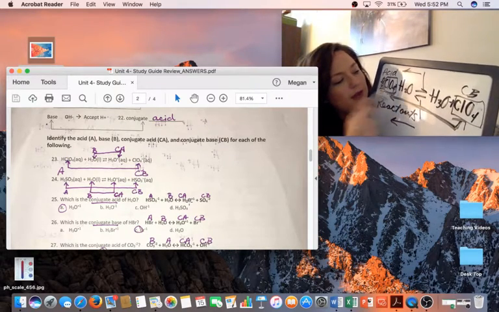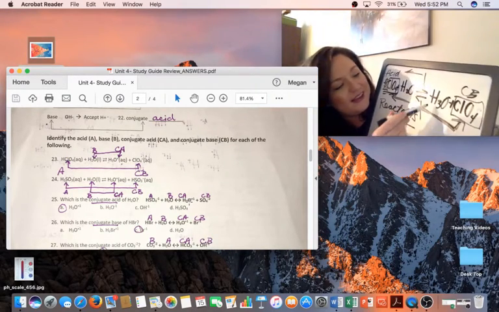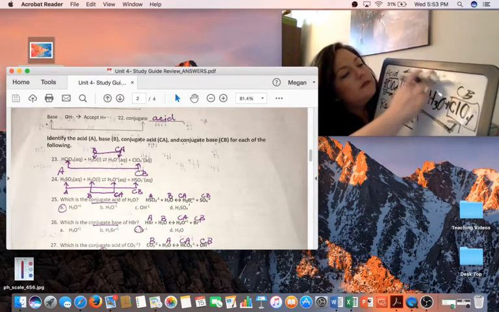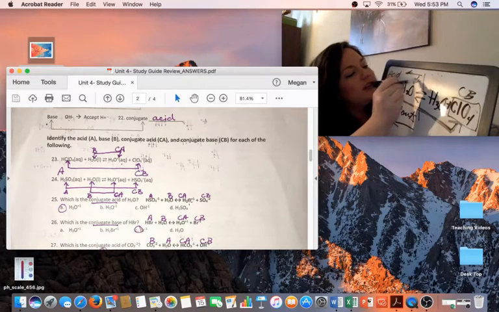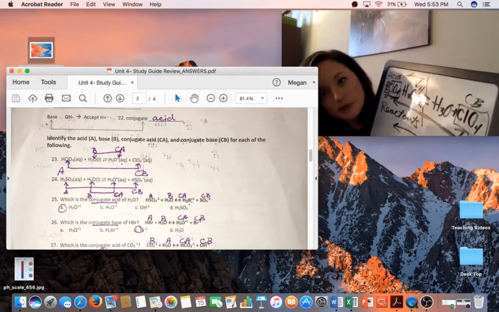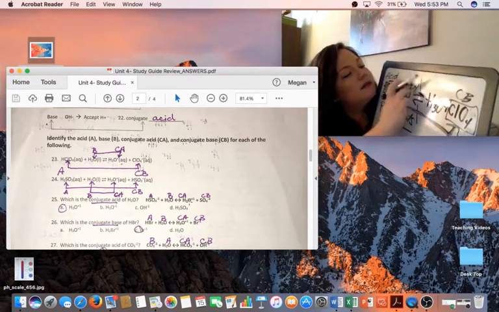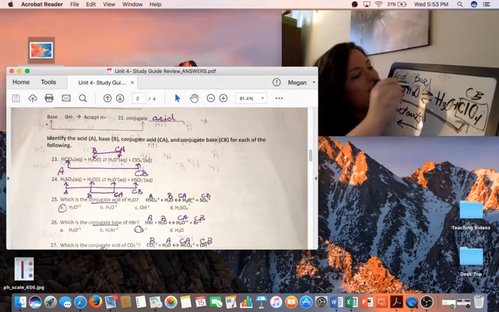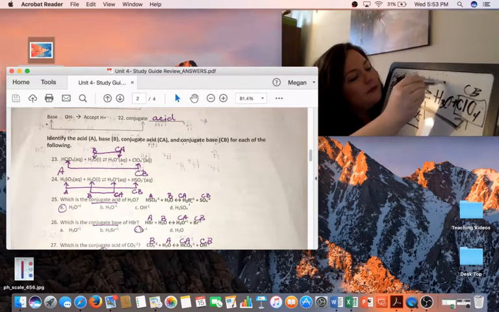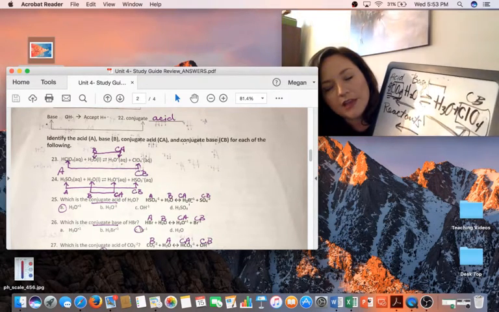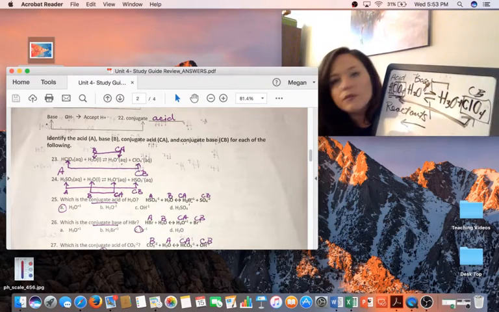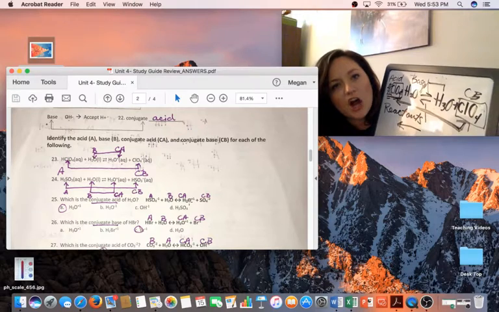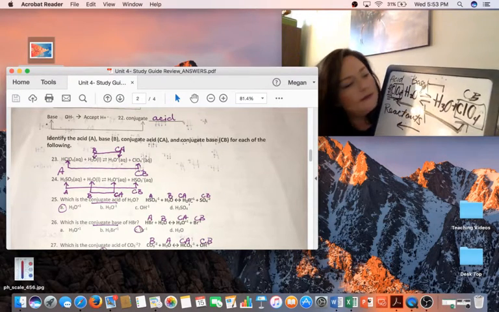H2O gains the hydrogen, which let's put him over here. Eventually, he gains the hydrogen. So because he gains it, he is our base on this side. And his partner in crime is going to be hydronium, H3O. So because he was a base, his partner is going to be a conjugate acid.